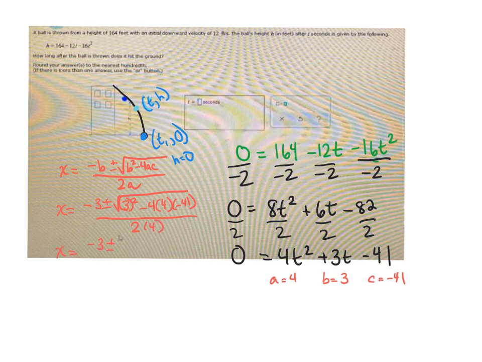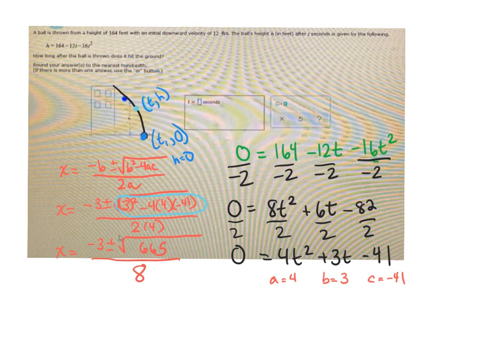Now the discriminant, which is all the stuff under the root, we can figure that out. That would just be these numbers calculated, so that's going to give me 665, and that is going to be over 8. Now, the square root of 665, we can figure out what that is.